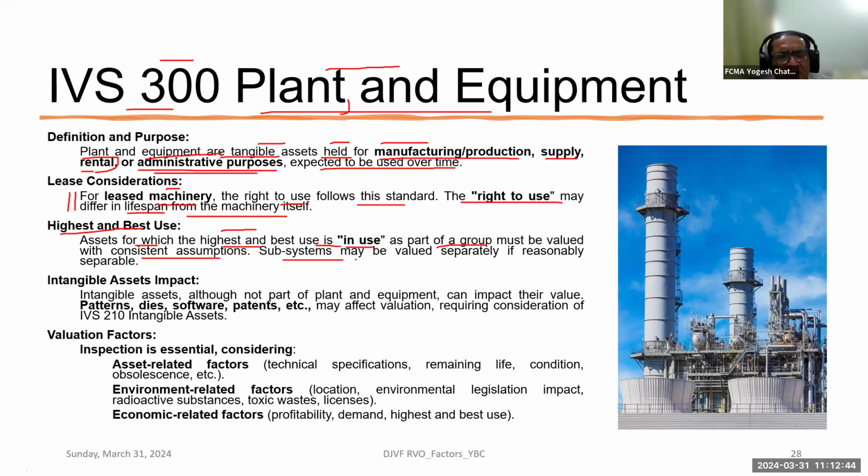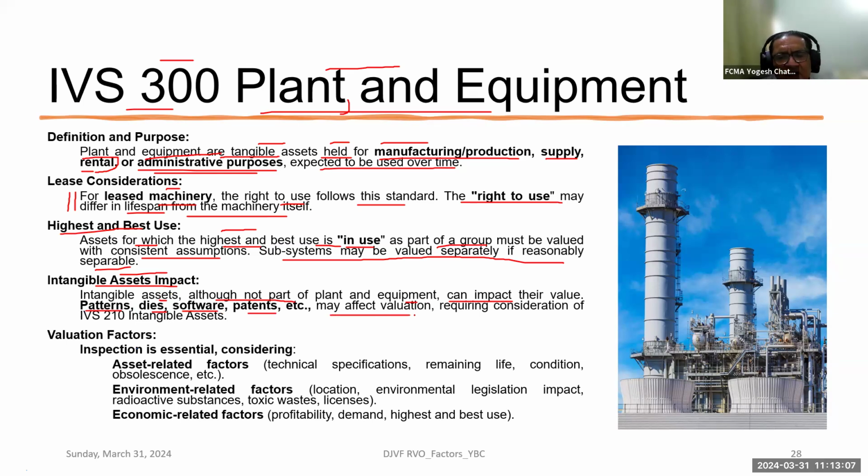A subsystem may be valued separately if reasonably separable. As we discussed, intangible asset impact. Intangible assets, although not part of plant and equipment, can impact their value. Examples are patents, designs, software.